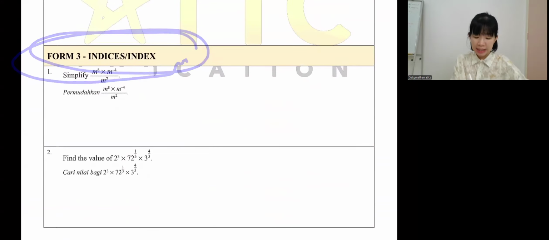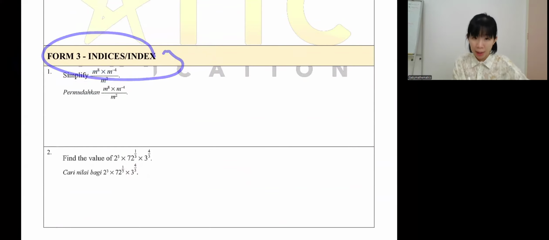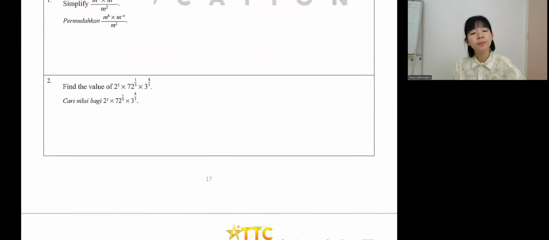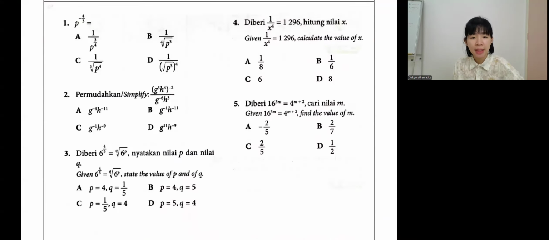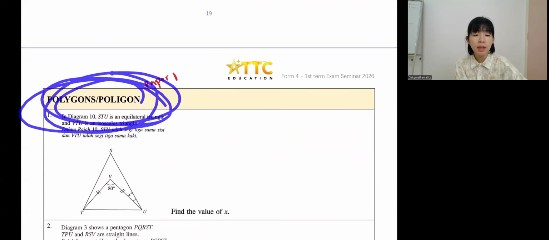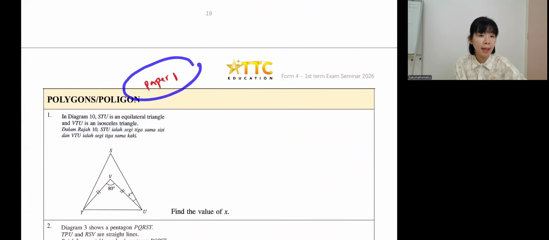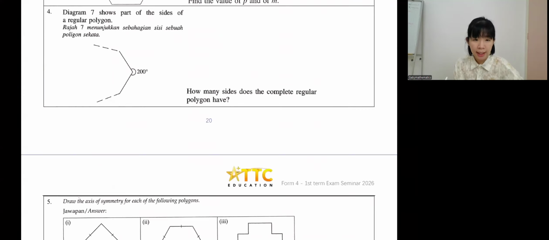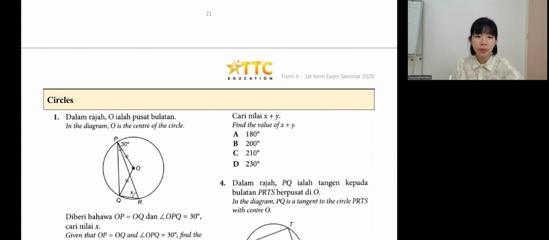Usually this topic will come out in Paper 1, kertas 1, the multiple choice, also in Form 4. Then polygon, which is also a Paper 1 topic. And the last topic I include in this book is circle, Form 3 circle. This topic is in Paper 1 also, most likely only in Paper 1.